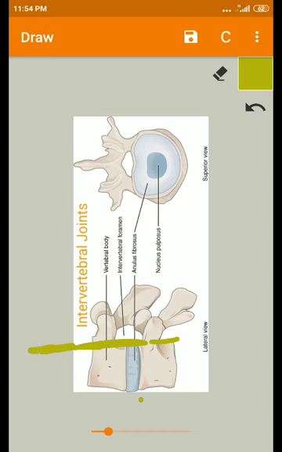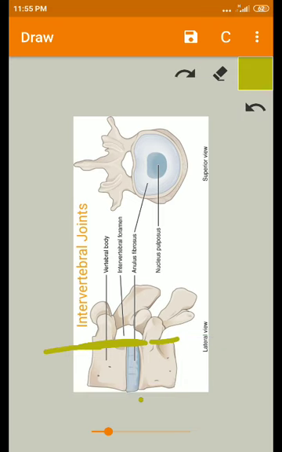That is the posterior longitudinal ligament, and it continues at the lower side up to the sacrum. The anterior longitudinal ligament and posterior longitudinal ligament support the intervertebral joints.